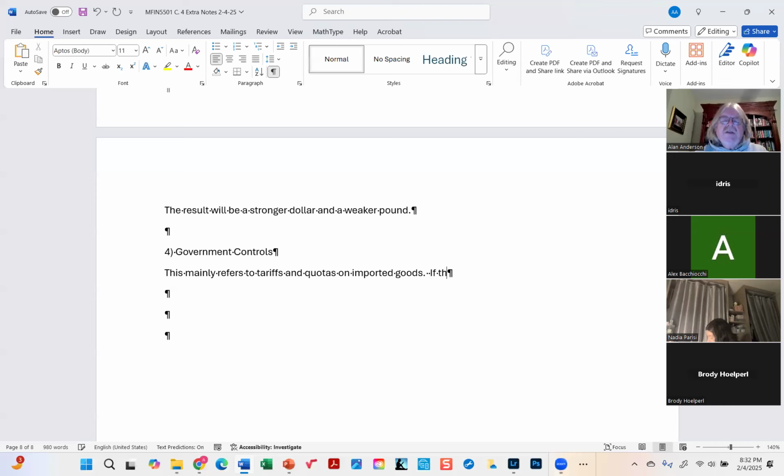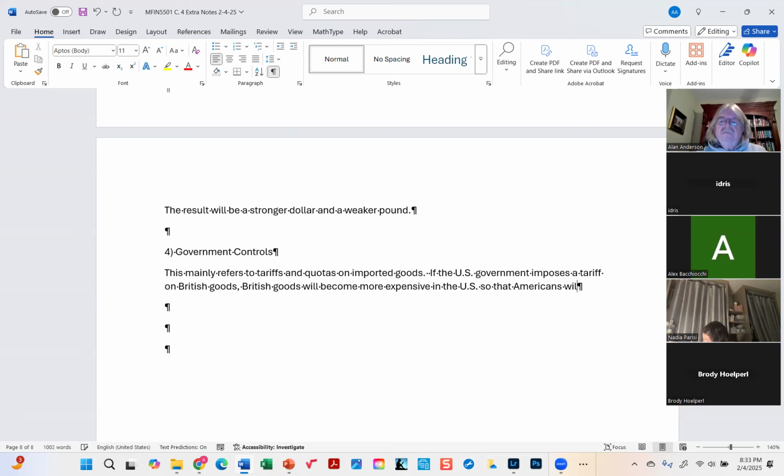Okay, so if, let's say, the US government imposes a tariff on British goods, British goods will become more expensive in the United States, so that Americans will buy fewer of these goods. As a result, the demand for pounds falls.